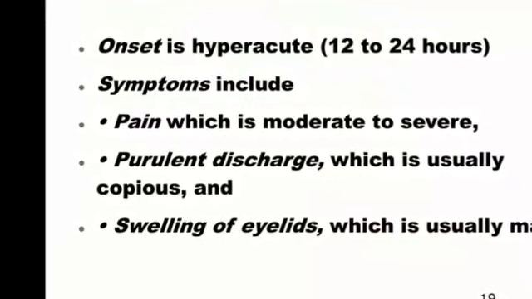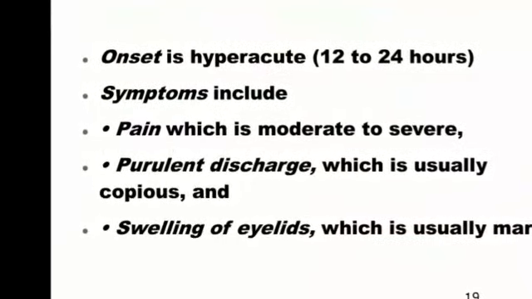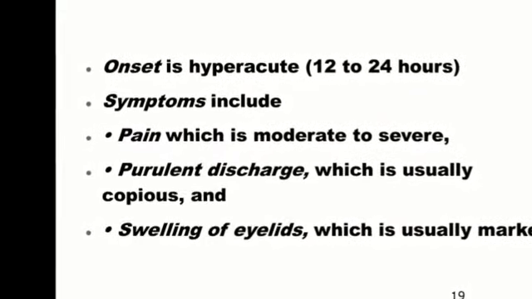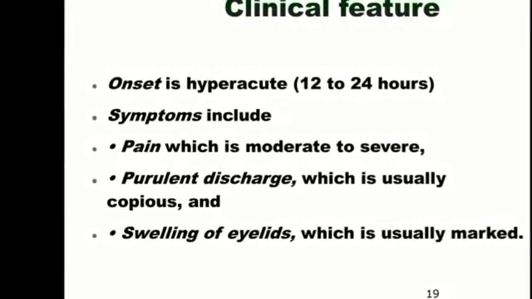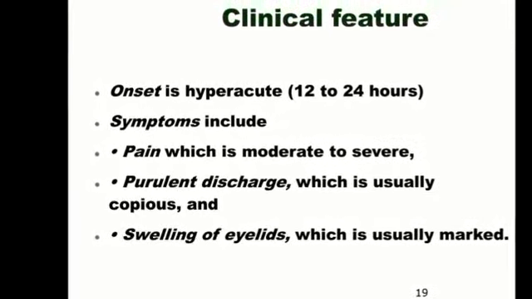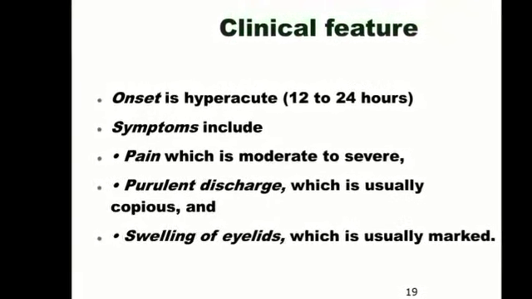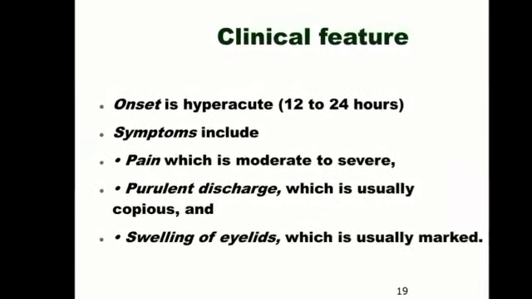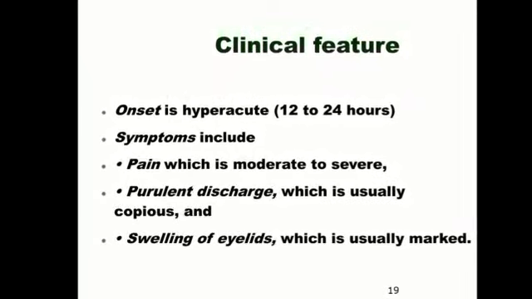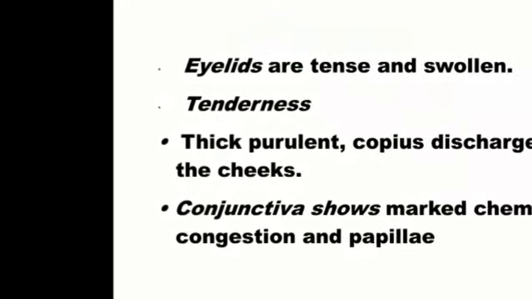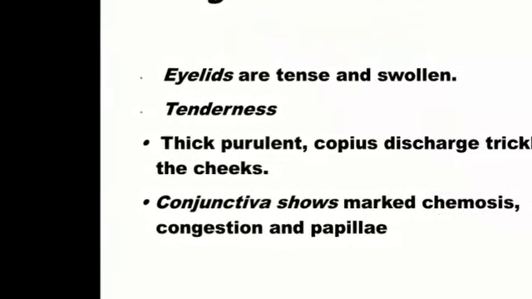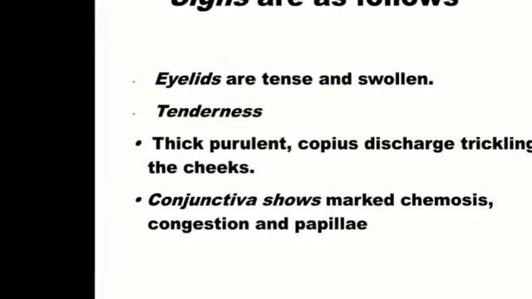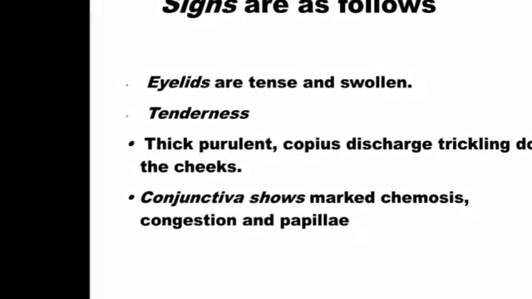Clinical features of hyperacute bacterial conjunctivitis. The onset is hyperacute, that is 12 to 24 hours. Symptoms include pain which is moderate to severe, purulent discharge which is usually copious, and swelling of eyelids which is usually marked. The signs are as follows: eyelids are tense and swollen, tenderness is there, then thick purulent copious discharge trickling down the cheeks.